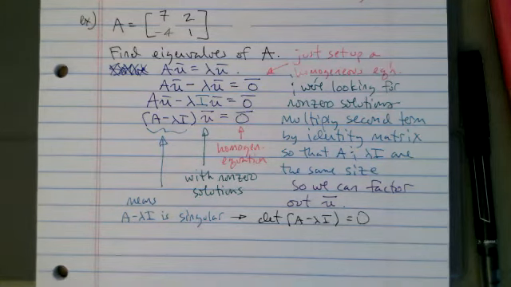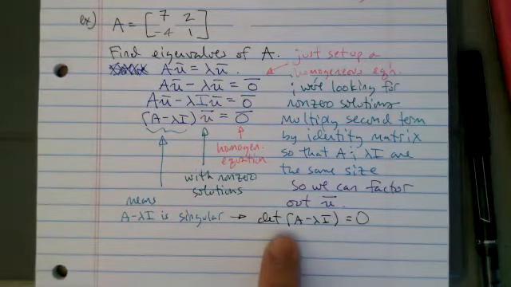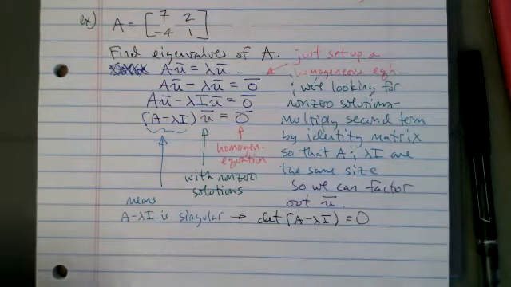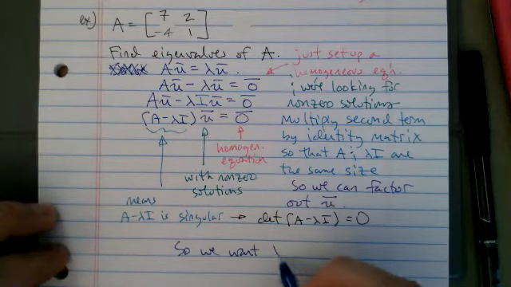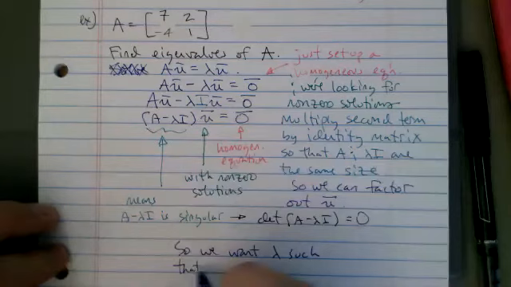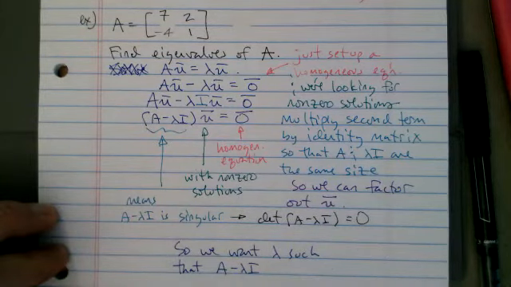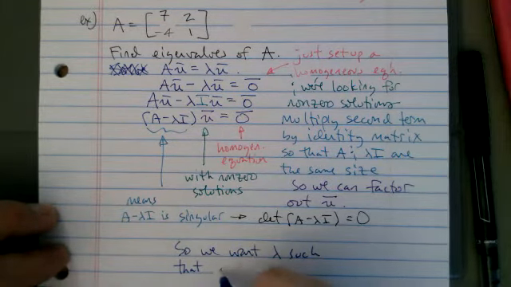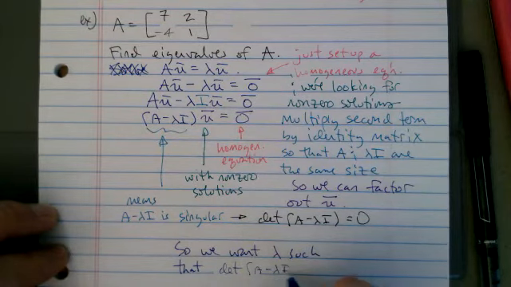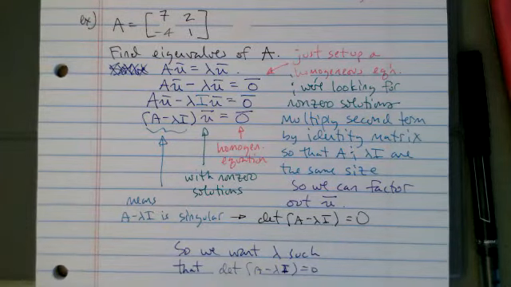So if we want to find the eigenvalues of a 2 by 2 matrix A, we're going to look for lambda such that the determinant of A minus lambda I is equal to 0.